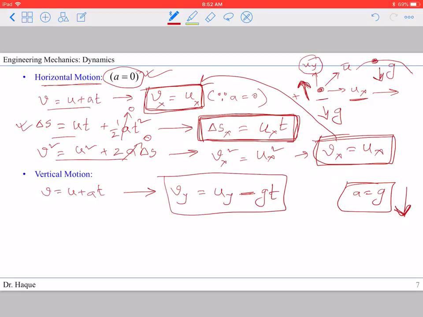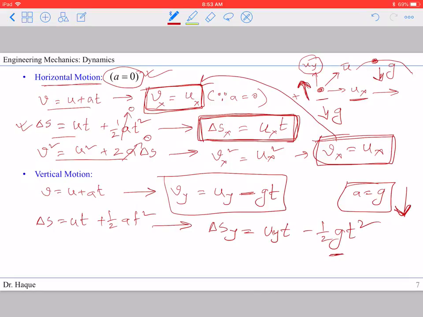So this is one. Now for the second one, delta s, we had ut plus half at squared. If we plot the scenario of vertical motion, we get delta s in the y direction. How much it will go up is the y component of the initial velocity multiplied by time, minus half gt squared.